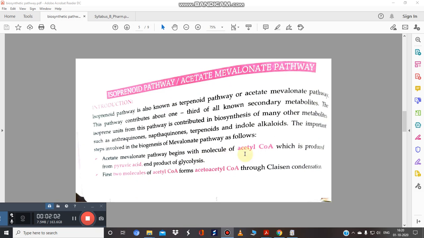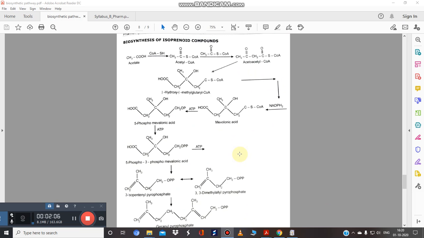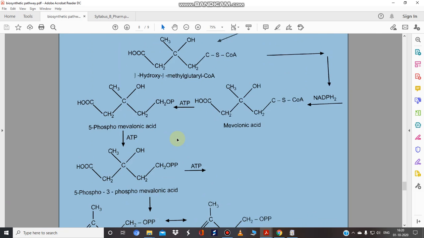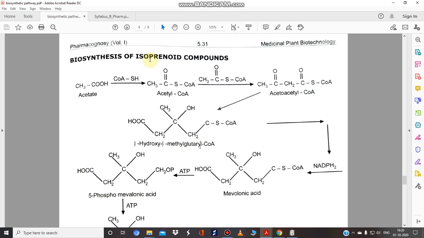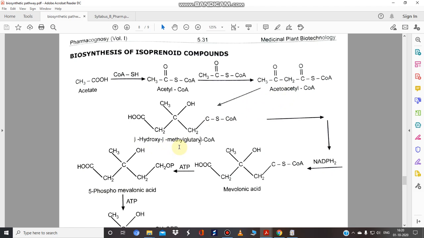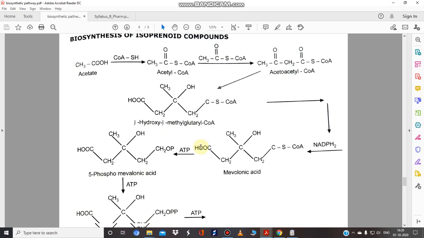So basically there are different types of steps involved in this. First let me take an overview. Let me zoom a bit. So let's see what was happening here. This is the biosynthesis of the isoprenoid compounds, meaning we will produce the volatile oil containing compounds. Suppose acetate, this is acetyl coenzyme A. This becomes acetoacetyl coenzyme A. Then beta-hydroxy-beta-methylglutaryl coenzyme A is produced.